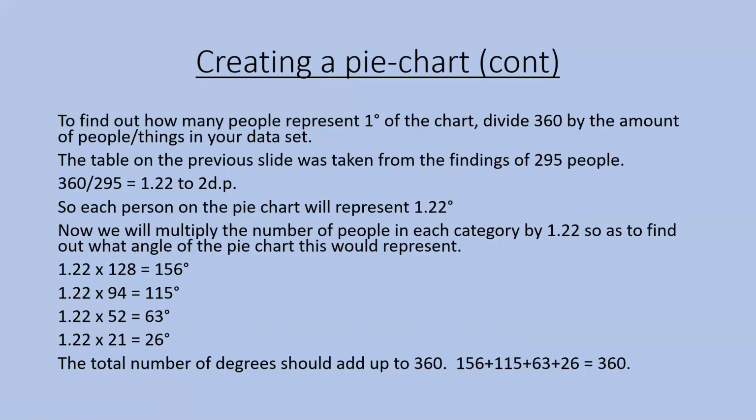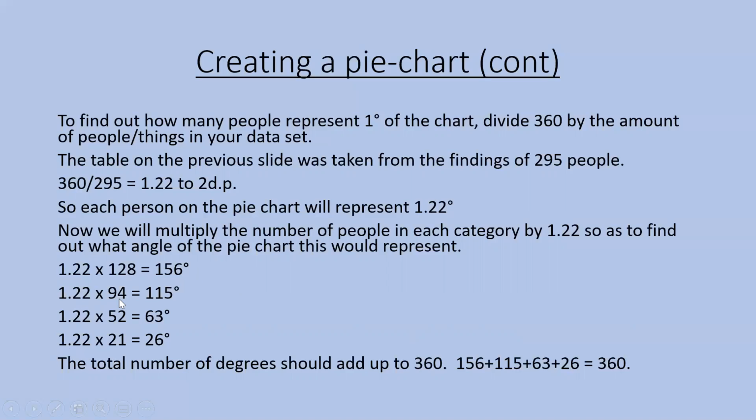So now we're going to multiply the number of people in each category by 1.22 so as to find out what angle of the pie chart each section would represent. So the 128 people who cited workload as their main cause of stress, we would do 1.22 times 128, and that would give us an angle in the pie chart of 156 degrees.